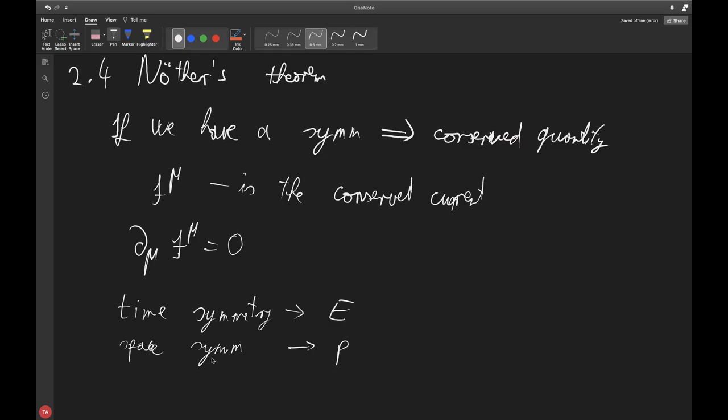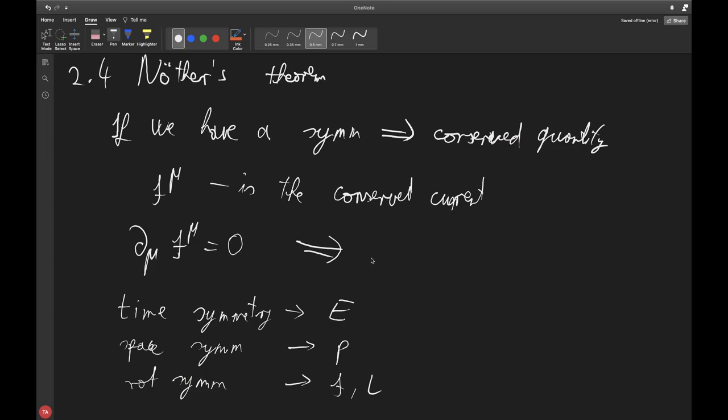And rotational symmetries lead to the angular momentum being conserved. We can also do an integration of this.